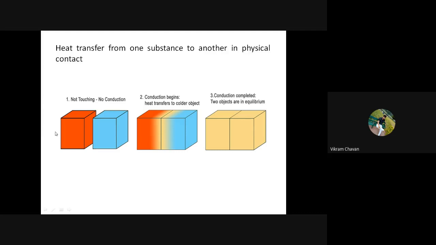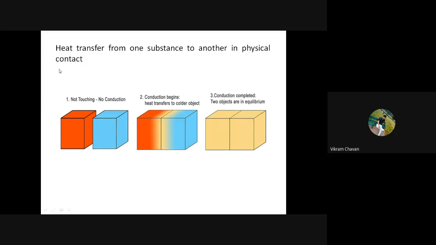Once they come into physical contact, the orange substance will transfer heat to the blue substance, as heat flows from the high temperature region to the low temperature region. After some time equilibrium will be achieved, as the temperature difference vanishes and both substances are at the same temperature.